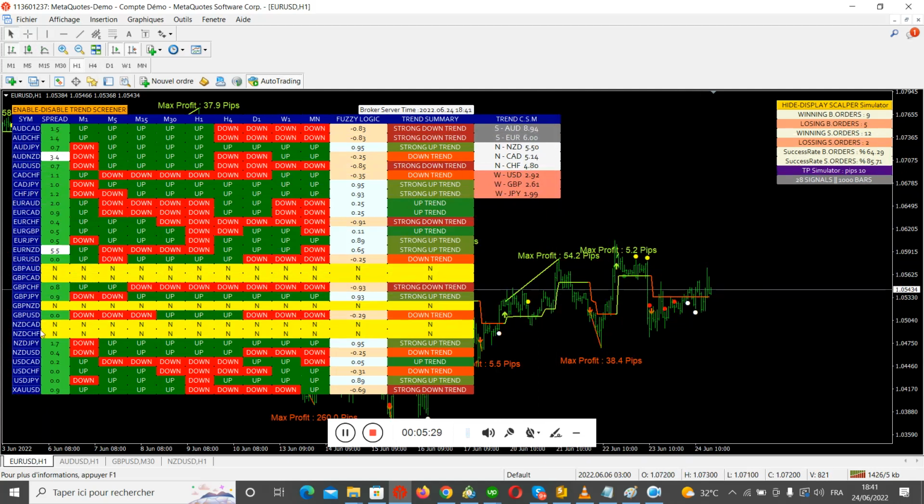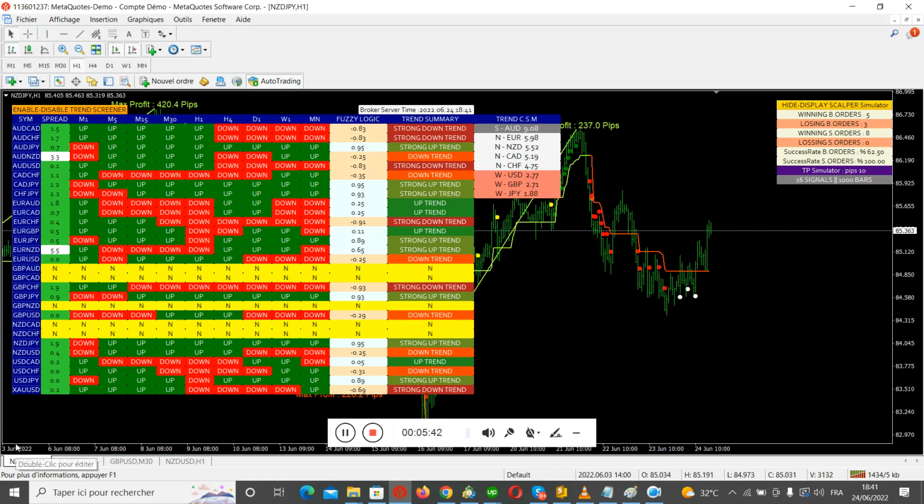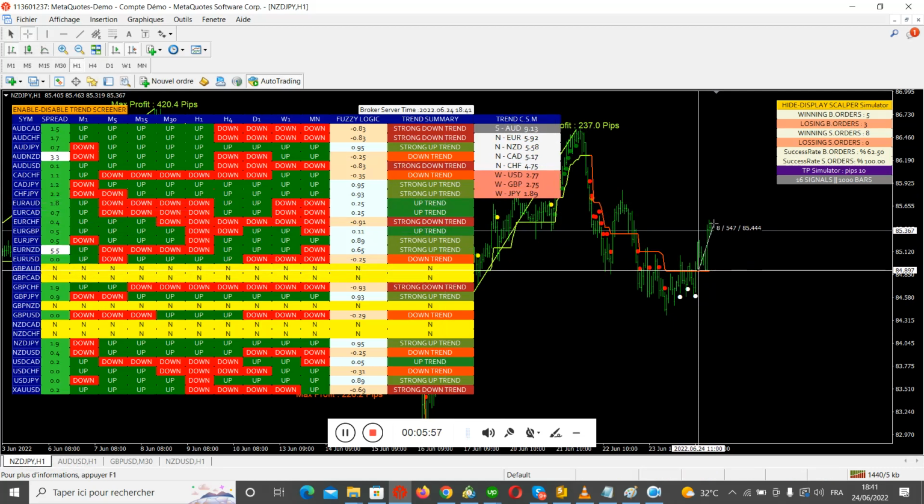Let's check another one, NZGPY. It's indicating here that GPY is a weak currency, as you can see now. The GPY is moving up, the NZ moving up against the GPY.